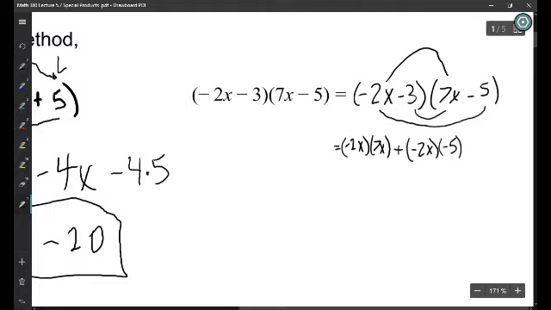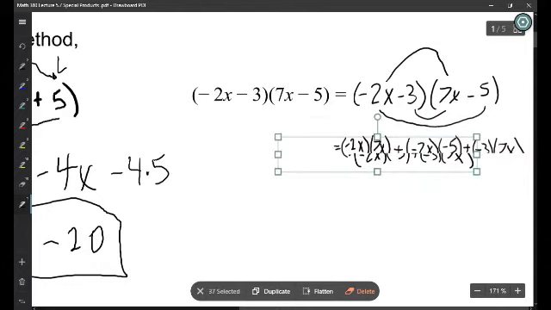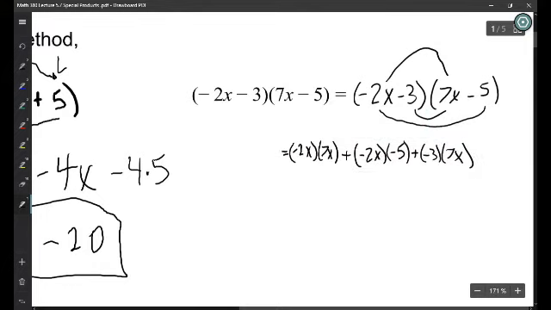Or inside, so default operation between each terms, plus sign, and then put everything in parentheses, negative 3 times 7x. And then the last multiplication, negative 3 times negative 5. So default operation is addition, then negative 3 times negative 5.